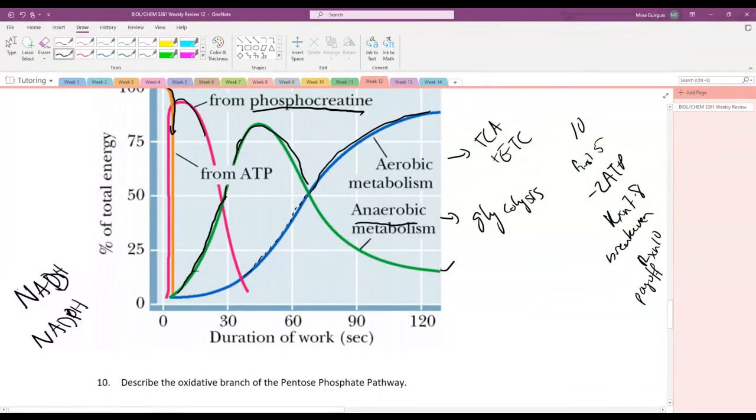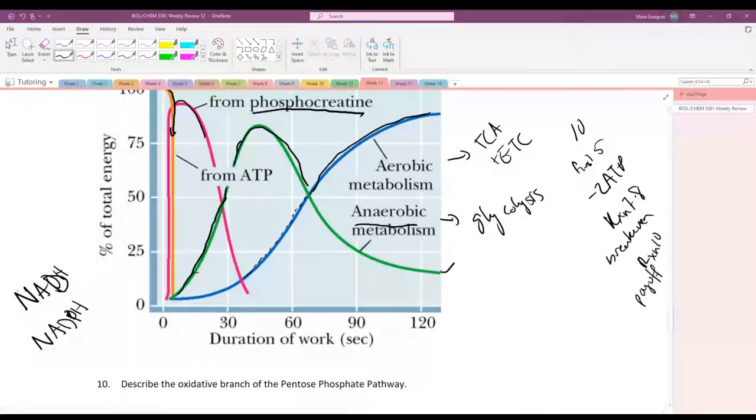NADPH is very similar to NADH in that it provides reducing potential for the body, but NADPH is specifically used for building up. It's for biosynthetic reactions like building muscle and so on. NADH we tend to use a lot more for energy. NADPH we use to build.